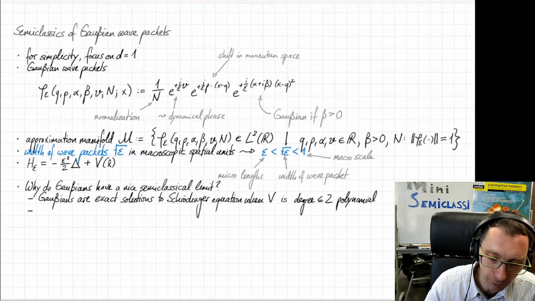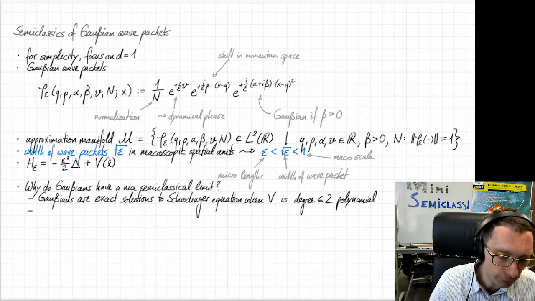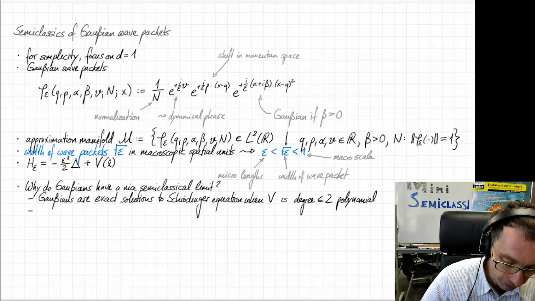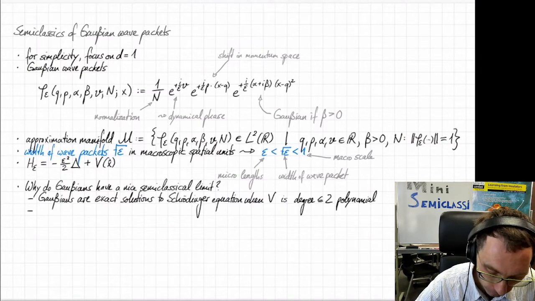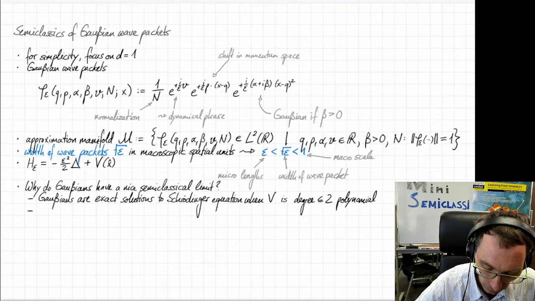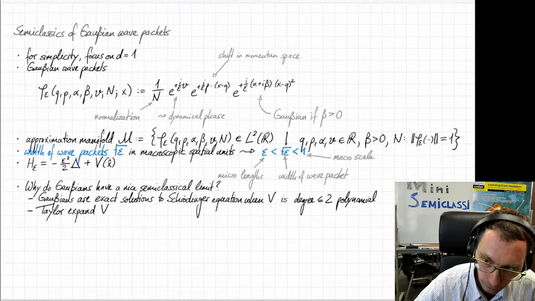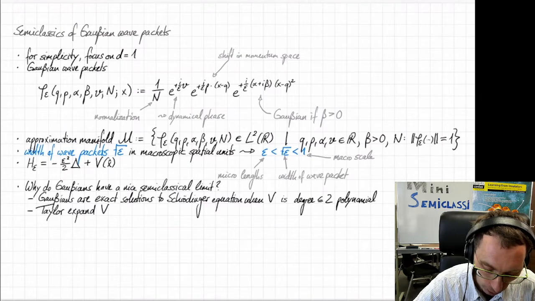Remember, I always emphasized that in order to have a good semiclassical limit, you have to make some regularity assumptions on the potential. And here, the regularity assumptions are very, very simple. Namely, you need to be able to Taylor expand the potential. Let's say I Taylor expanded around Q.